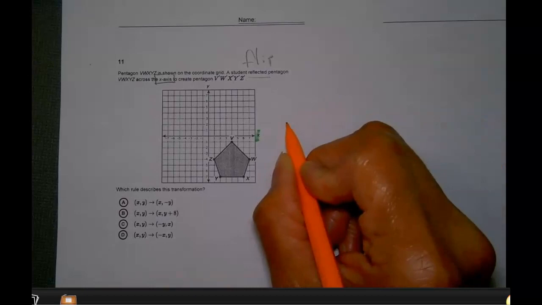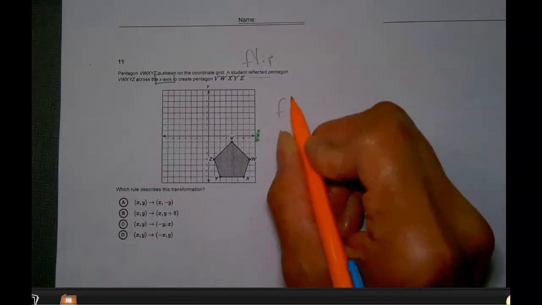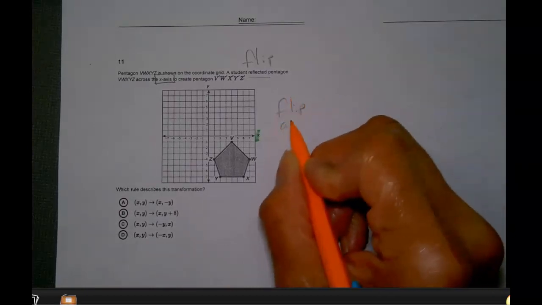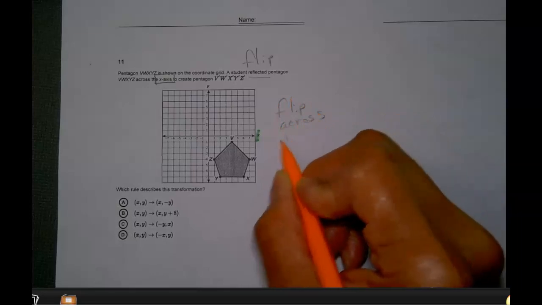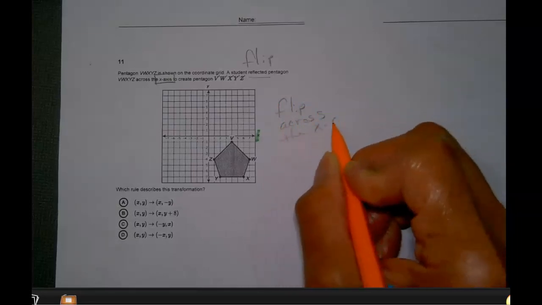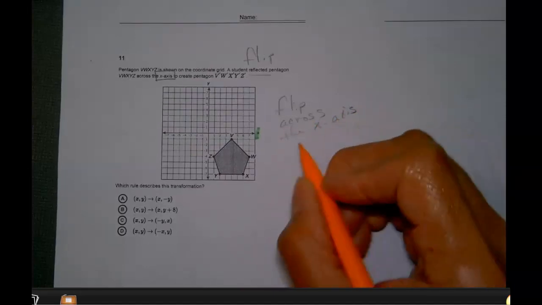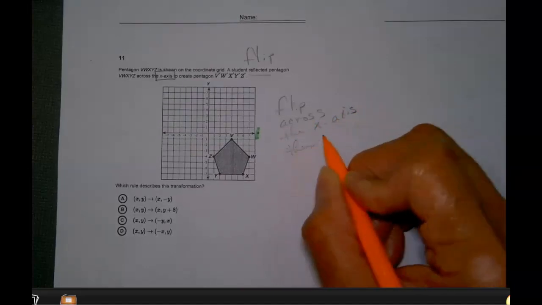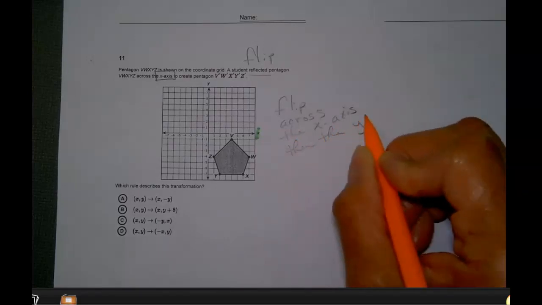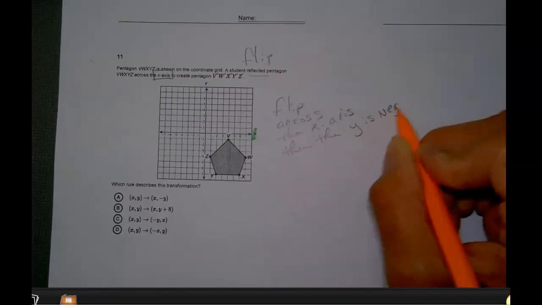So I can already tell, because it's flipping across the x-axis, the y is negative.